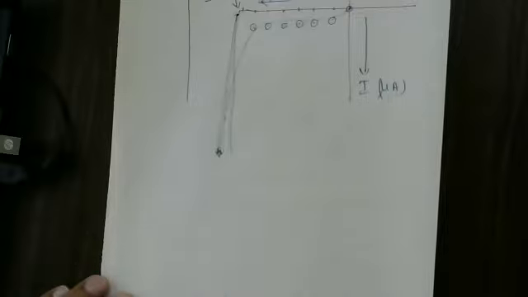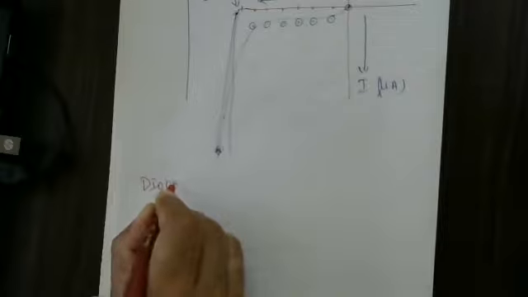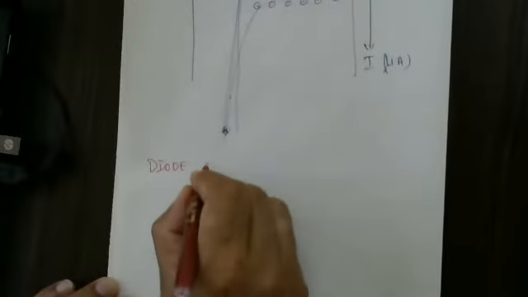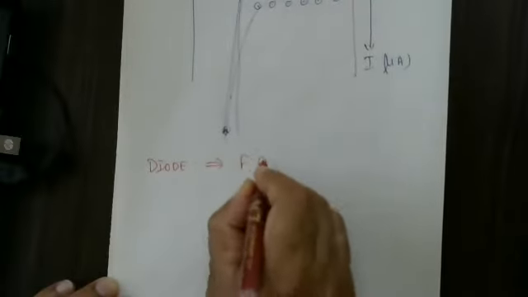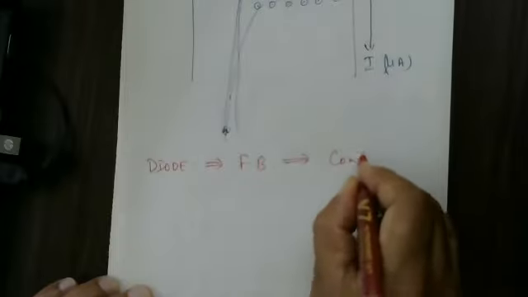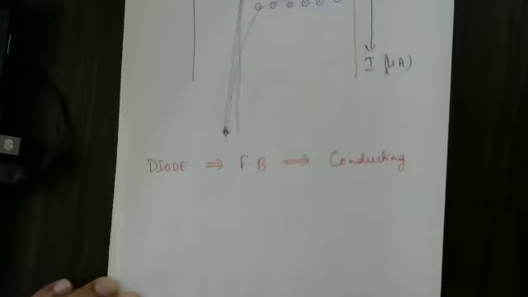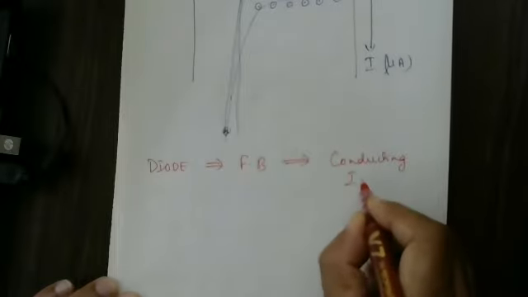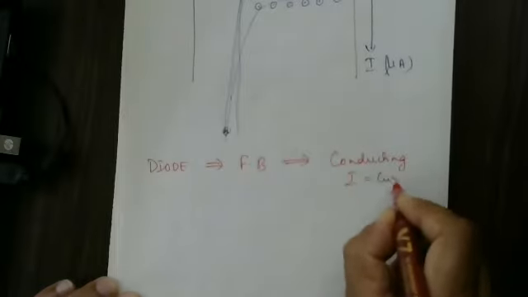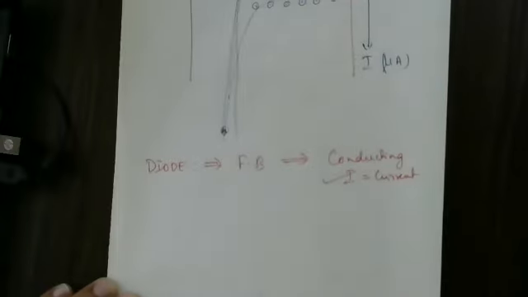Therefore, for the next class concept, I require this: if a diode is forward biased, then I can say it is conducting. Current flow is present. There is a flow of current.